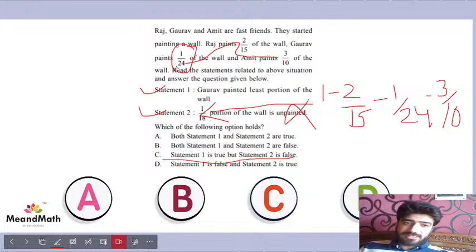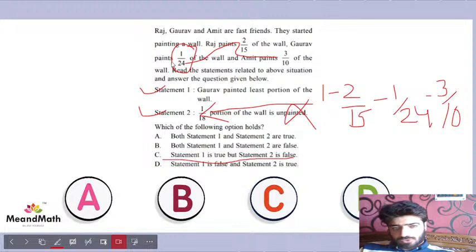You can change them into like fractions. I mean to say you find the LCM of 24, 15, and 10, and then change them into like fractions and see which is the smaller one. 1/24 will be the smaller one.